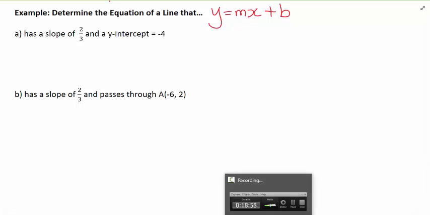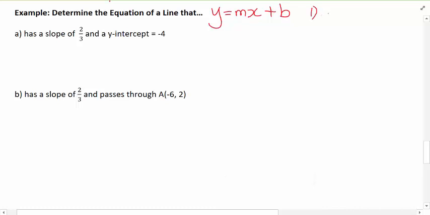The only thing that I really need to do is find the M value and find the B value, right? So those are really going to be your steps. Find M, and then second step is just find B.